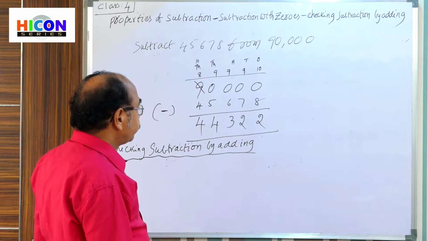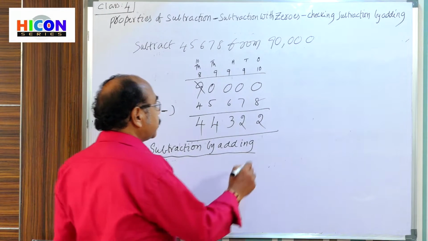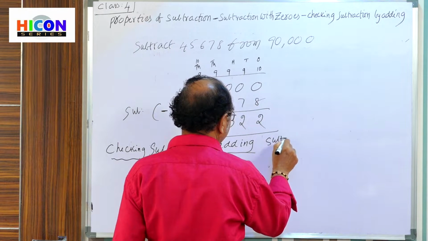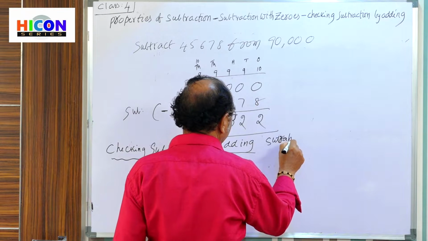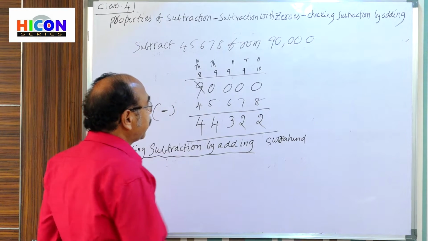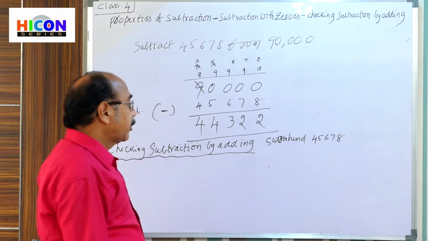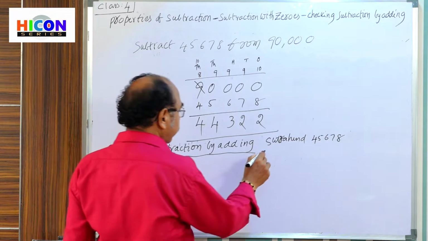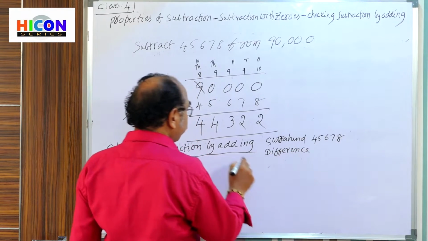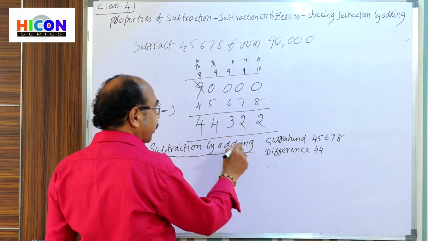I told you the number which is subtracted is called the subtrahend. What is the subtrahend here? 45,678. What is the difference here? 44,320.